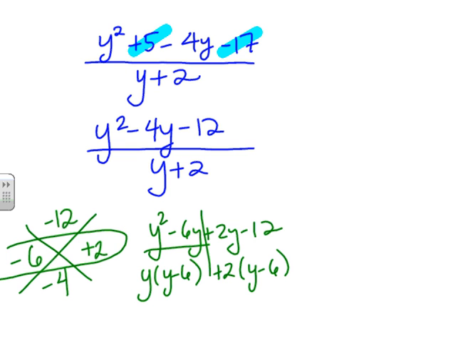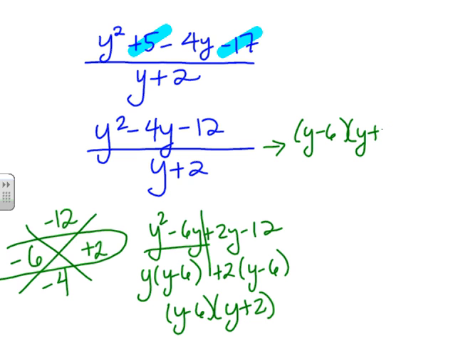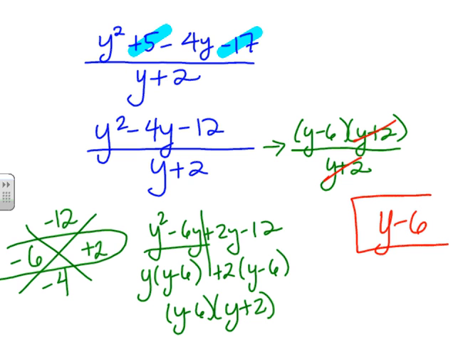We're going to add 2, pull out that common binomial of y minus 6, and so we get y minus 6 times y plus 2 as the factorization of our numerator. We have a denominator of y plus 2. We're going to cancel like binomials, so our final simplification is just y minus 6.